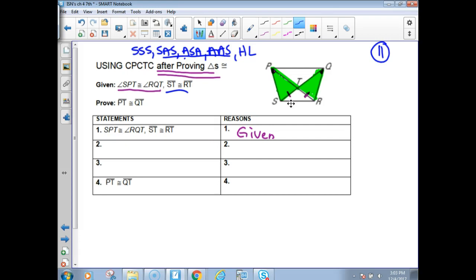You got to go to the diagram and see if there's a shared side or vertical angles, or if they have given you some parallel lines. Here, I see vertical angles, so I'm going to put a double arc mark on them, and I'm going to put that next in my proof. I'm going to call it angle PTS congruent to angle QTR.